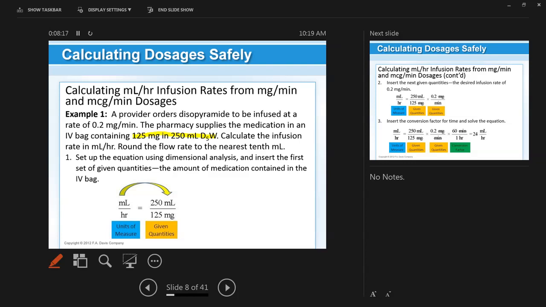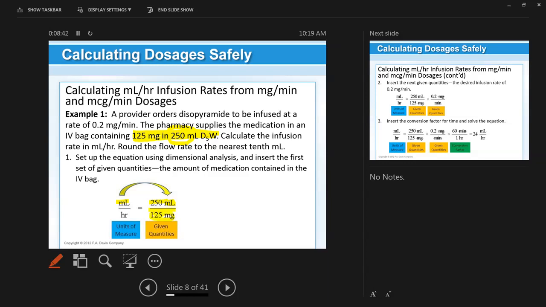This is what the pharmacist put in your bag of fluid, and this cannot be separated. So when we go down here, we know that we have to start out with milliliters because we have milliliters here. So we're going to put 250 milliliters on top, but since they're together and they're married up here, it has to go over 125 milligrams here on the bottom.